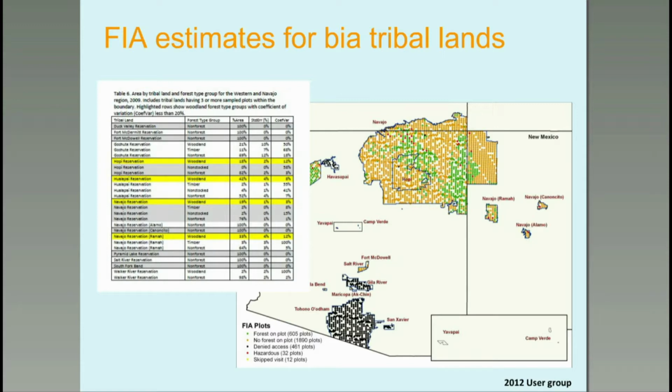So a little history on how it began. It started with some requests that we had from the BIA, the Bureau of Indian Affairs. They were looking at the San Carlos Reservation and some of the western reservations and wanting to do a little strategic planning. So they were looking at mainly the woodland areas and wanted to see what kind of data we had available within the boundaries before they started planning other things.